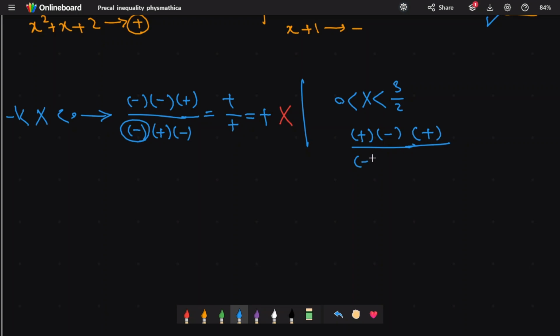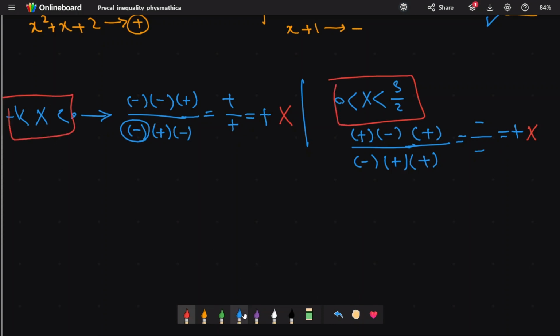Our sin x minus 2 is always going to be negative, and then in the denominator both factors are going to be positive, and from here we will have minus over plus, which is negative... and this again is not in the solution that we want, so we cannot have this range as well. So these two ranges do not exist in the set of solutions.